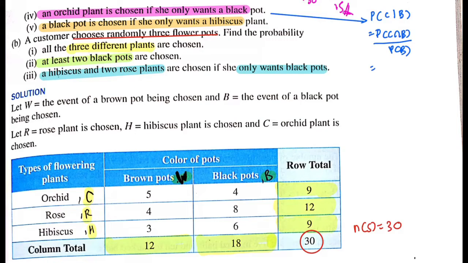Let's find C intersect B: orchid intersect with black pot. It is 4. So the probability is 4 over 30, divided by P(B). Let's find P(B). The total for B is 18, so 18 over 30. Just use your calculator. Your answer will be 2 over 9.